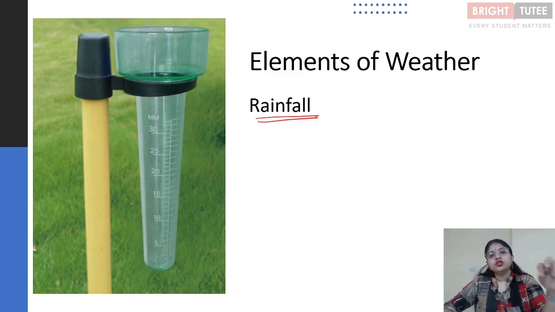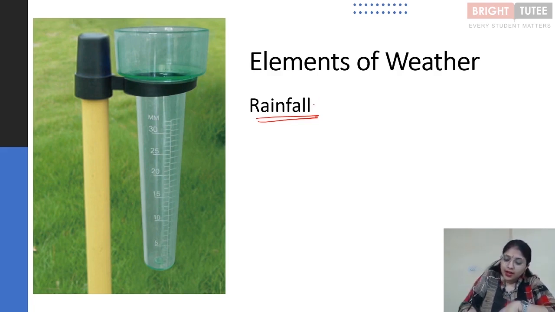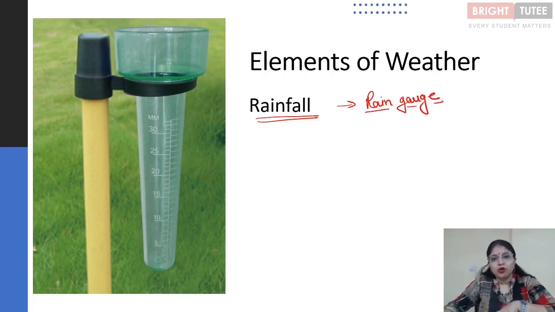But professionally, when the meteorological department needs to measure the rainfall, it measures the rainfall with the help of a rain gauge, right? This is an instrument which is used to measure the rainfall. It looks something like this, right? It has a funnel-like structure where there is marking, that is 5 mm, 10 mm, 15, 20, 25, 30 mm, and so on.